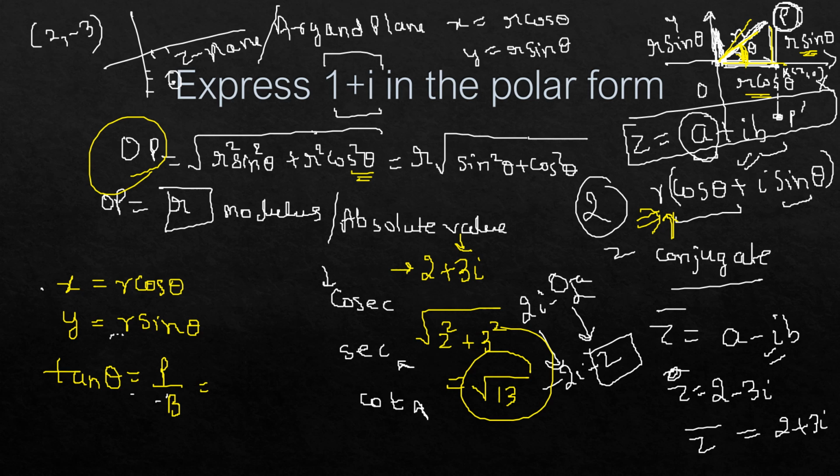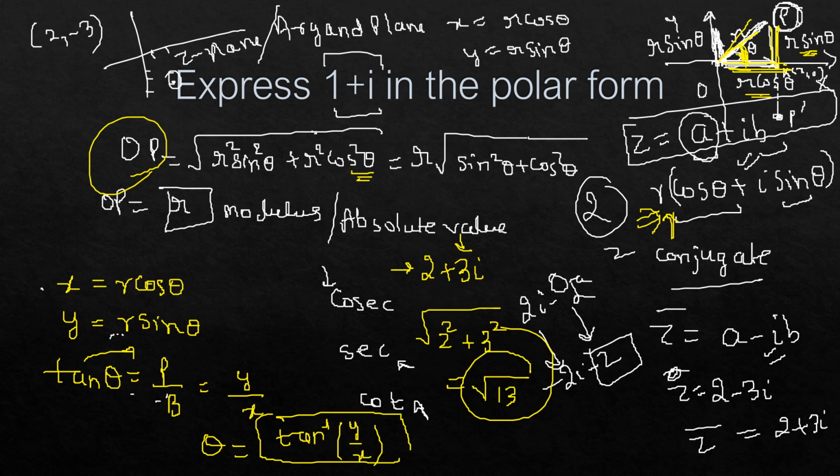What is perpendicular? Y. What is base? X. Correct? So perpendicular is y, base is x. So theta, can we say tan will go to the right hand side, so it will become tan inverse y by x. Yes or no? So this is how you can find out theta. And remember, you have to take the absolute value of y by x. Okay? Now this theta is called amplitude or phase. Remember these terminologies: modulus and absolute value, polar form, phase or amplitude. Okay?